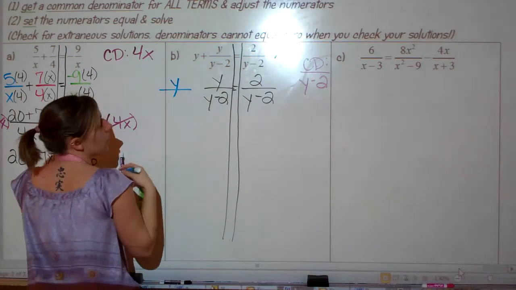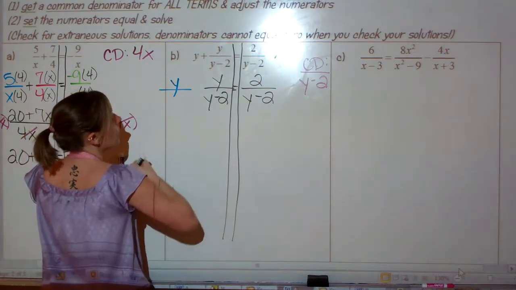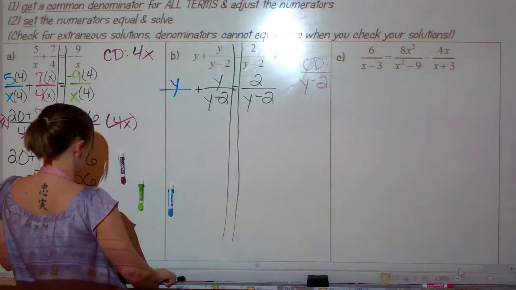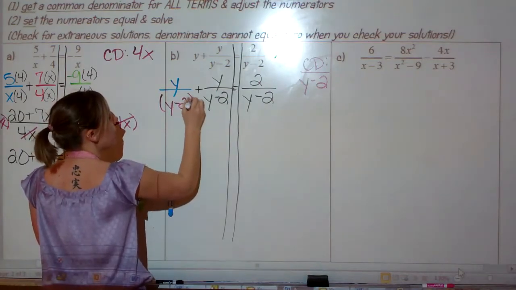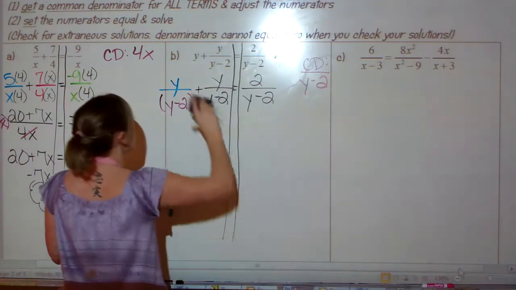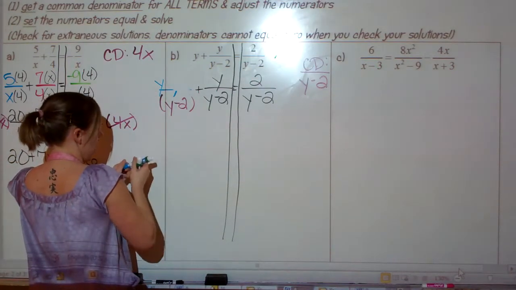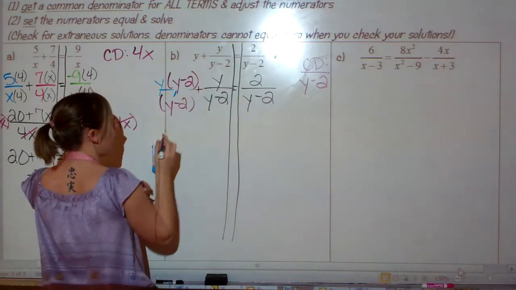Y over, it doesn't even have anything, so that means we need to multiply. Let me do it in a different color. We have to multiply y minus 2 on bottom, and that means we also, let me move it over, have to multiply a y minus 2 on top.